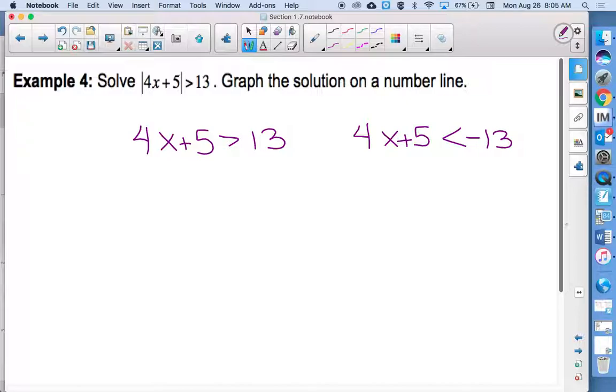So the first inequality stays the same. The second one, we're making it a negative 13, and then you're also flipping the sign. So see if you can solve those two inequalities, and then graph your picture on the number line. So again, you're making the second one negative, you're flipping the sign because really we're multiplying by a negative 1 there.